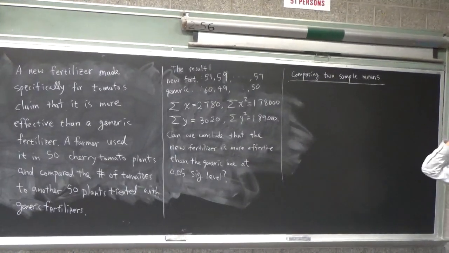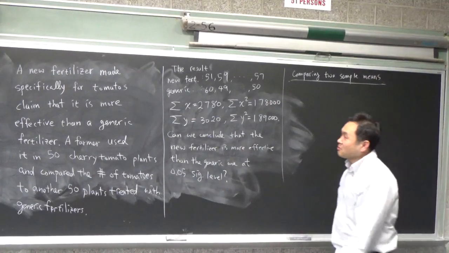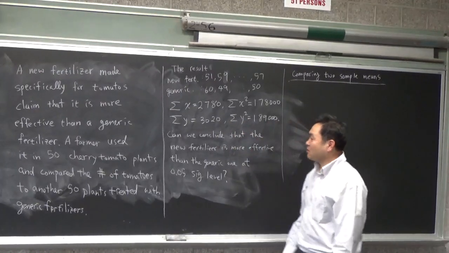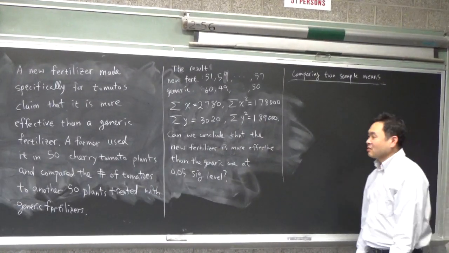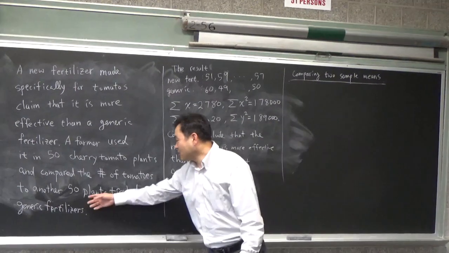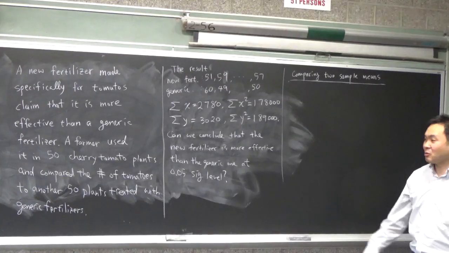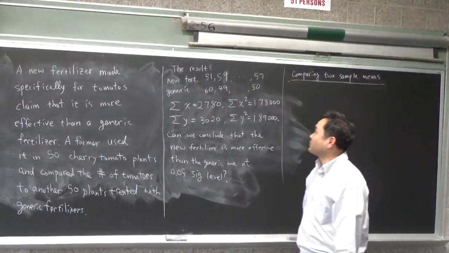So a farmer wanting to verify that indeed using this new fertilizer is going to give him more tomatoes, he applied them to 50 cherry tomato plants and compared it to another 50 tomato plants that were treated with generic fertilizers. Okay?